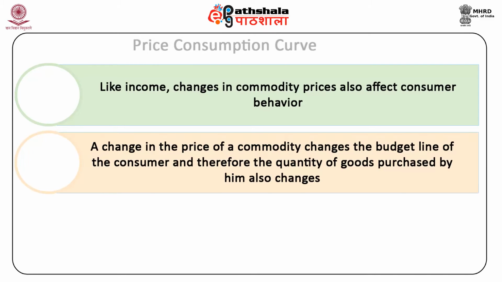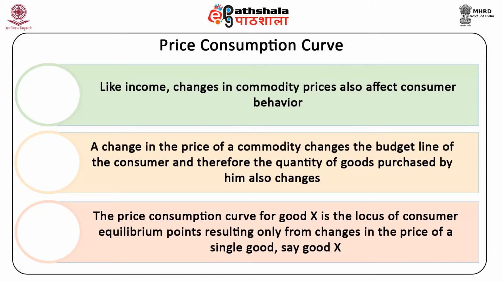A change in the price of a commodity changes the budget line of the consumer, and therefore the quantity of goods purchased by him also changes. We shall now explain how the consumer reaches a new equilibrium when the price of a good changes but his income, taste and prices of other goods remain unchanged.